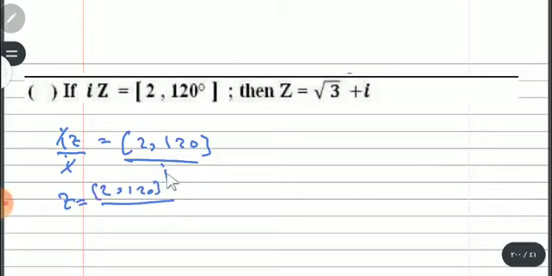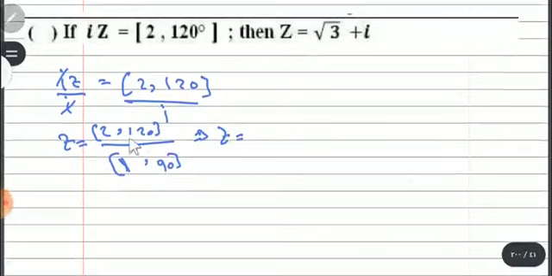I want to change i as a pure imaginary number, positive. So the coefficient of i is 1, and the theta, because it's a pure imaginary number and positive, will be pi over 2 or 90. So 90.